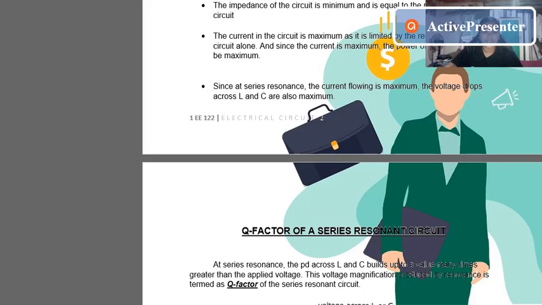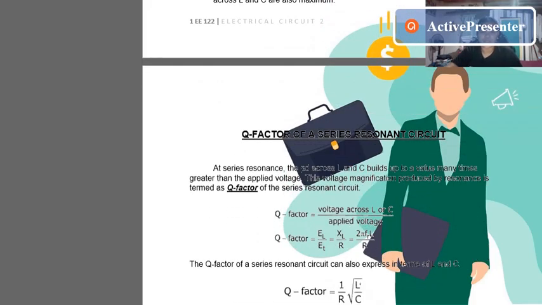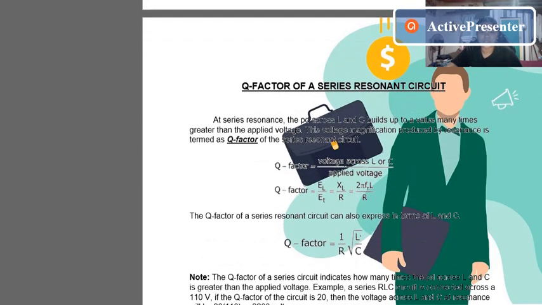For our next topic, we have the Q factor of a series resonant circuit. In a series resonance, the PD across L and C builds up to a value many times greater than the applied voltage.